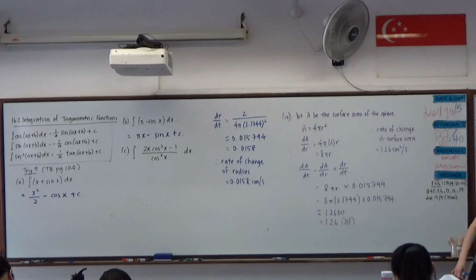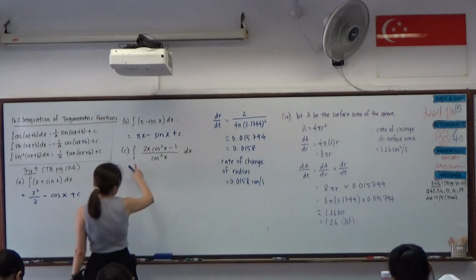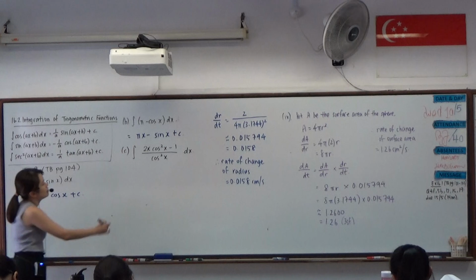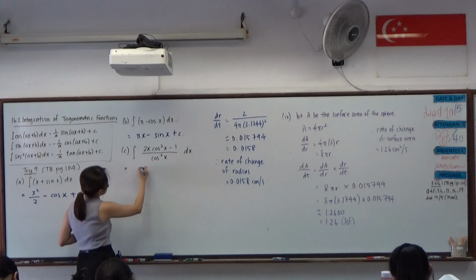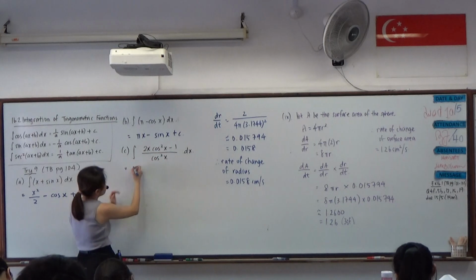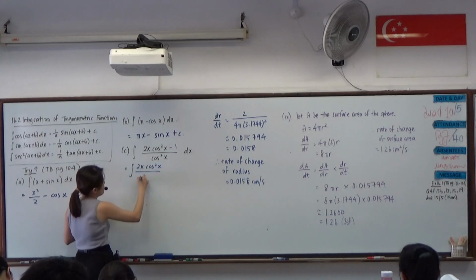The next one is slightly more complicated. We need to simplify this entire thing first. Always remember there's no such thing as a quotient rule or product rule when it comes to integration. So we need to simplify this by considering this half of the fraction and then the other half, splitting it into 2 halves for that single fraction.